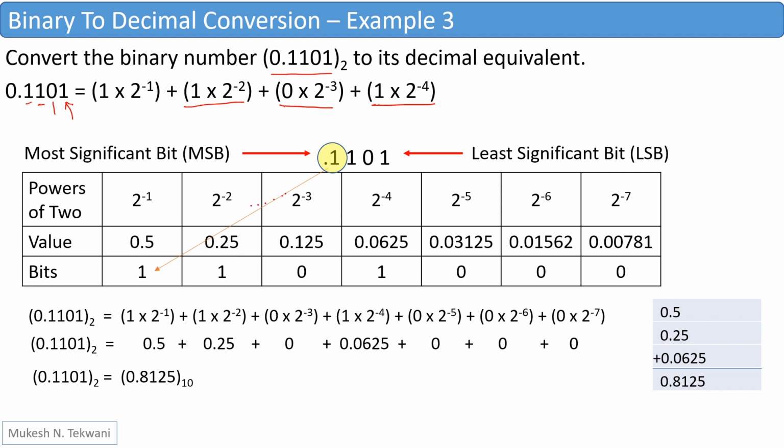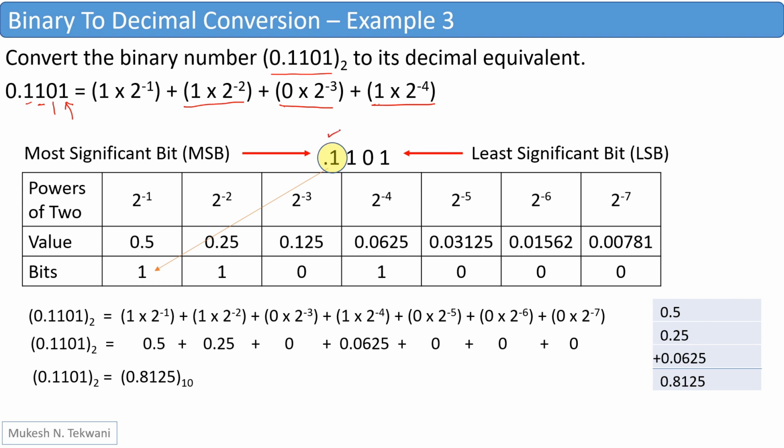The values of these powers: 2 raised to minus 1 is 0.5, 2 raised to minus 2 is 0.25, 2 raised to minus 3 is 0.125, etc., till we have 2 raised to minus 7. Now let us observe. We take each bit from our fractional number, starting from the most significant bit.